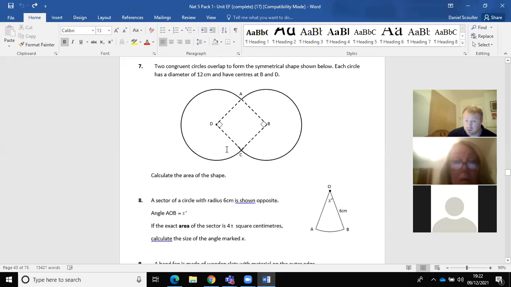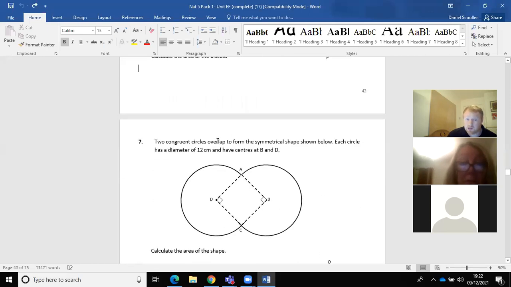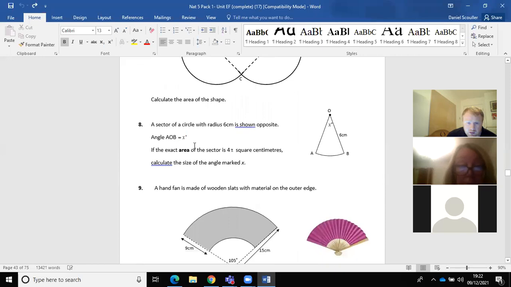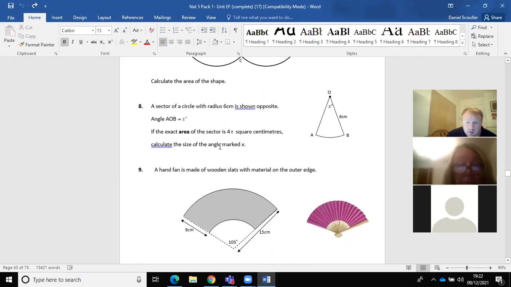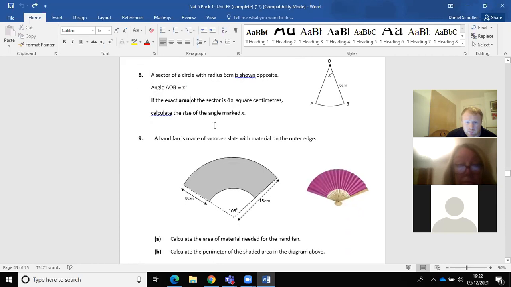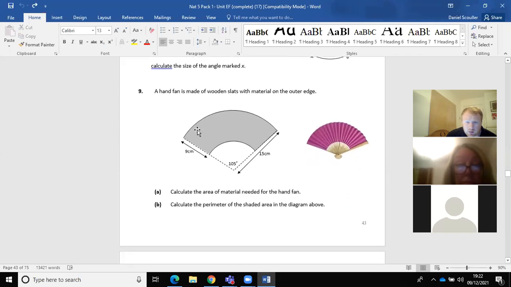Have a wee think about question 7. Avoid question 6, have a think about question 7. I think avoid question 8, because we've not done that yet. This is the one I just did. Interestingly, I actually did it the wrong way around, so have a go at it when it's written out correctly.